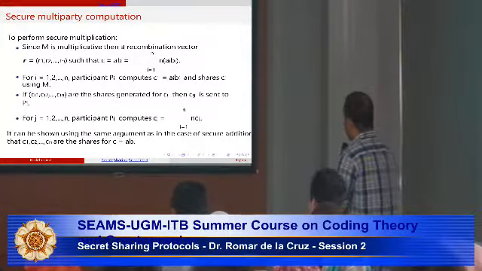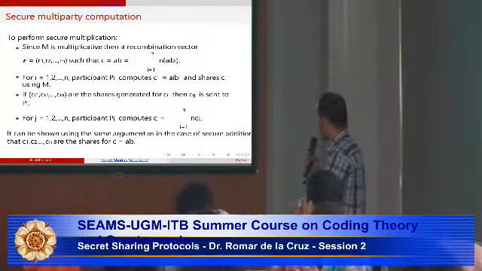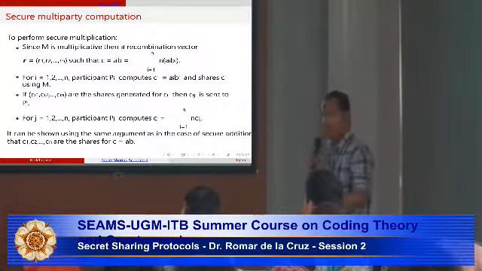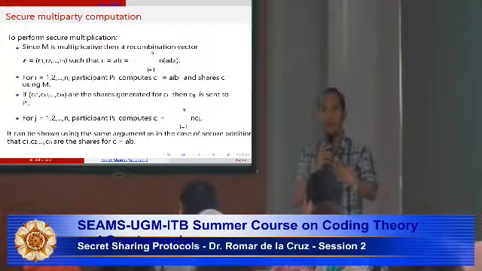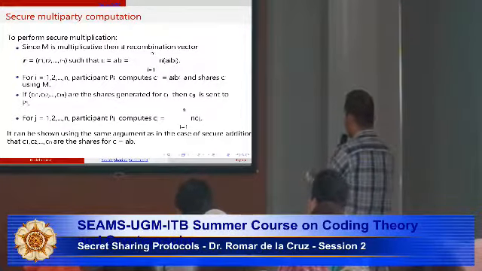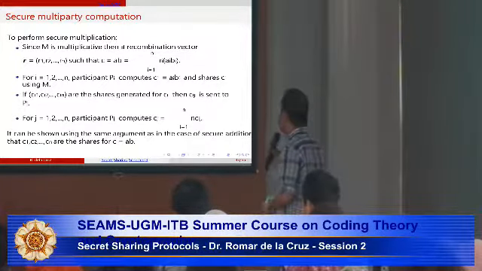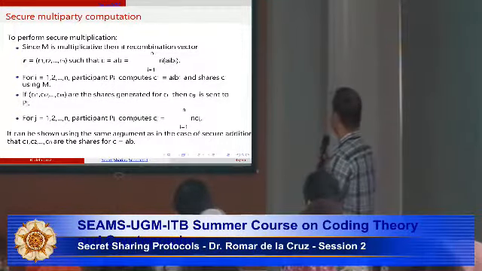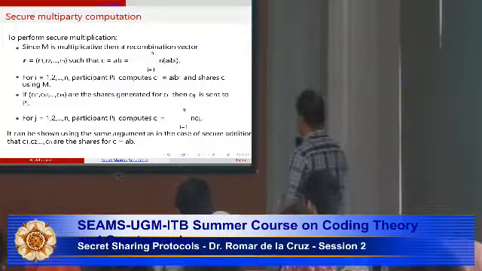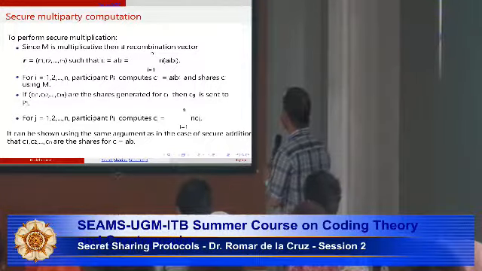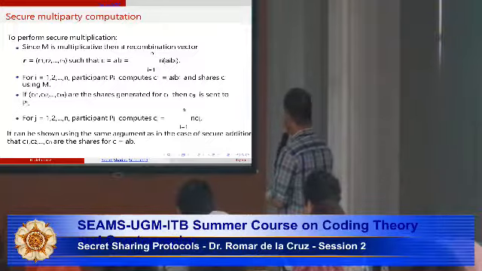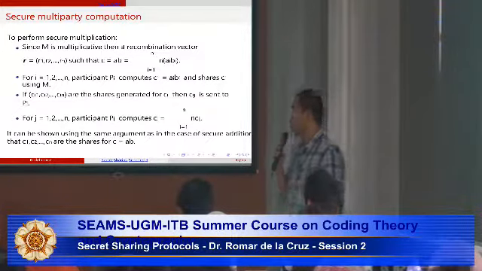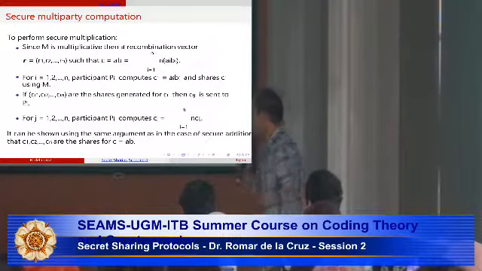So you can verify that this C sub j's obtained here will be the shares for the product of the secrets. So this enables us to perform secure multiplication. Okay, so that's how we apply the secret sharing schemes in secure MPC.